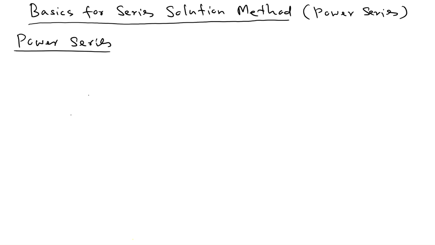So what's a power series? A series of the form sigma, and I'm going to use the index n for that. So n goes from 0 to infinity. These are what we normally call infinite series.